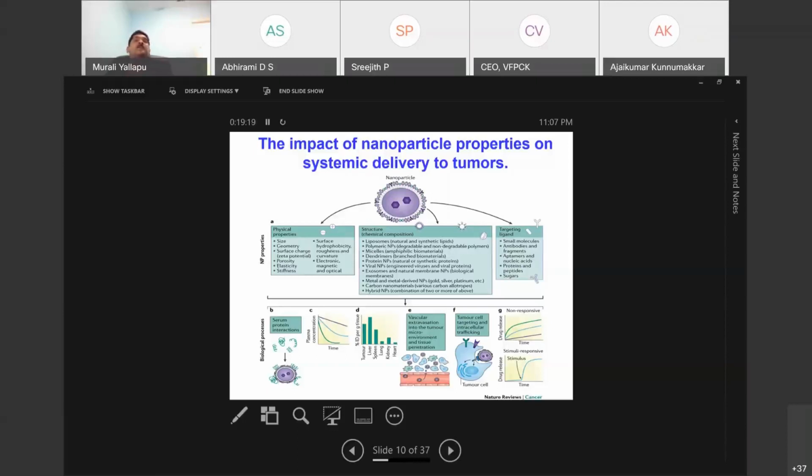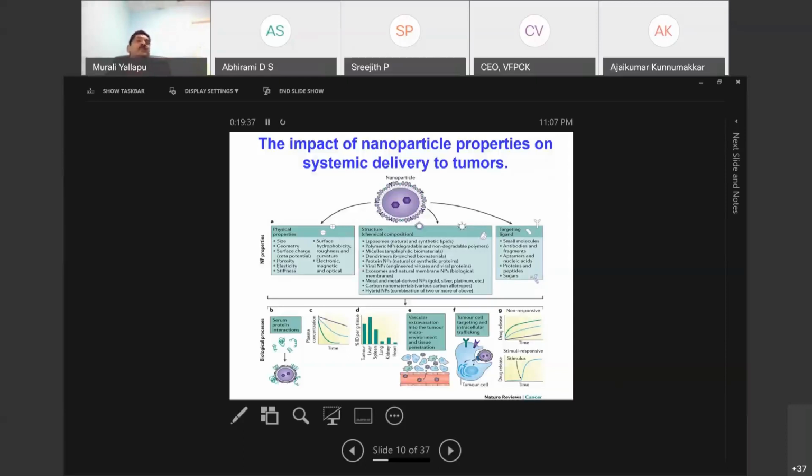So remember that not always too much chemistry or too much modification on the nanoparticles will lead to a better formulation. On the other hand, all these chemistries may not yield improved therapeutic benefit.